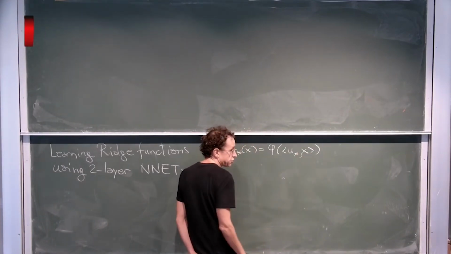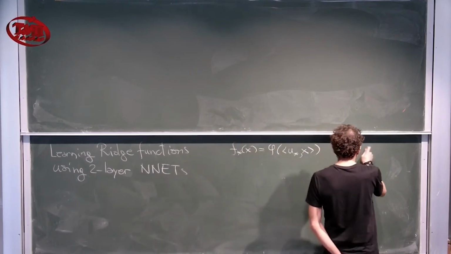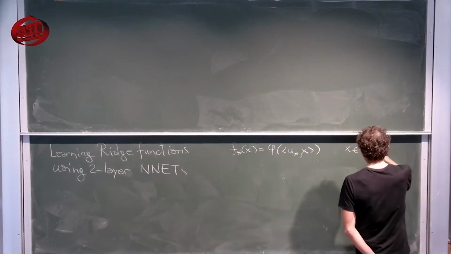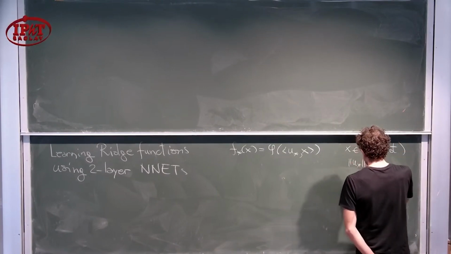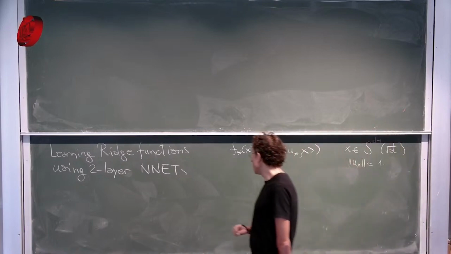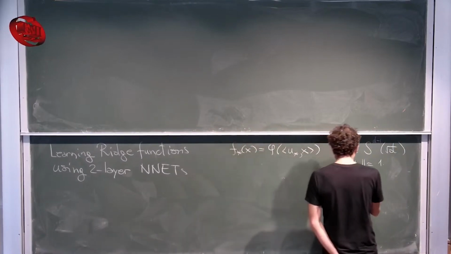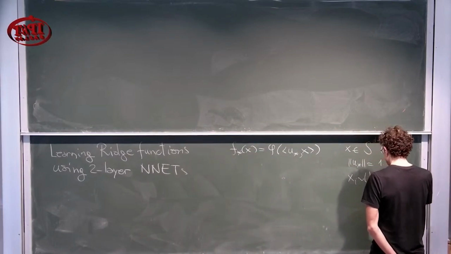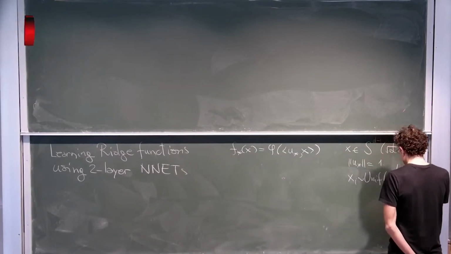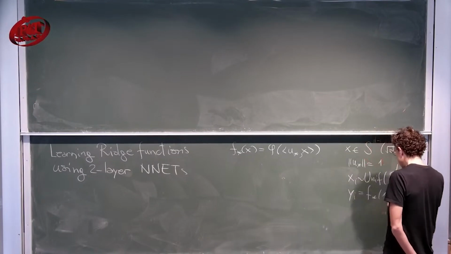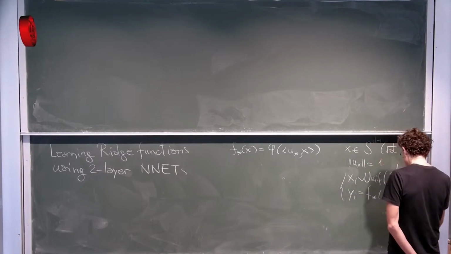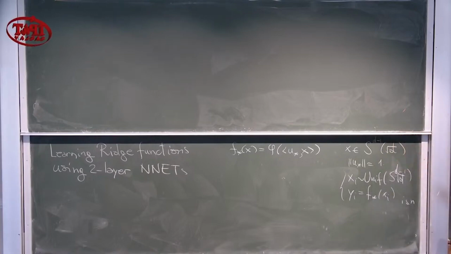So it depends on a one-dimensional projection of the data, and here x was a point on the sphere. u star is a norm 1 vector, and we assume that we are given data x_i uniform on the sphere and y_i equal to f star of x_i. In fact, we are looking at online SGD, so as many data points as step sizes.